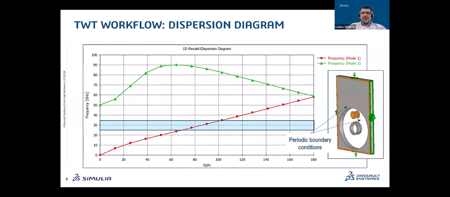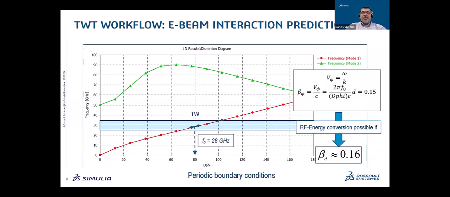Okay, so once you have that, then you can check the interaction between the E-beam and the SWS, okay? This interaction is basically the transfer of energy from the beam to the signal, to the RF, within the RF structure. So for instance, in this case, as an example, we are taking a TWT working at 28 gigahertz. The phase velocity can be determined for a certain phase shift, and knowing the period of the SWS, which is basically the pitch D of the helical structure, okay?